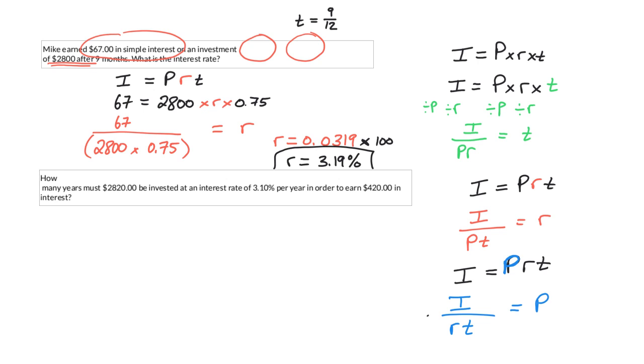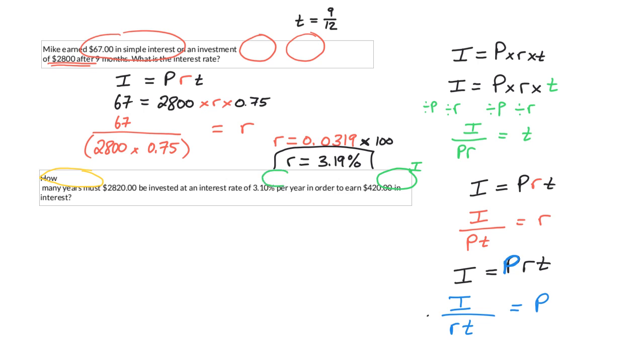In the next question, it says, how many years must $2,820 be invested at an interest rate of 3.10% per year in order to earn $420 in interest? Okay, so our interest is $420.